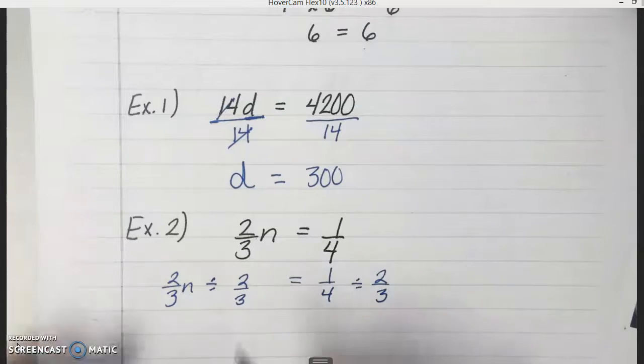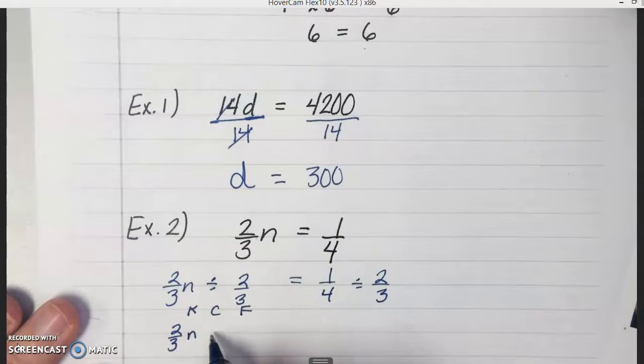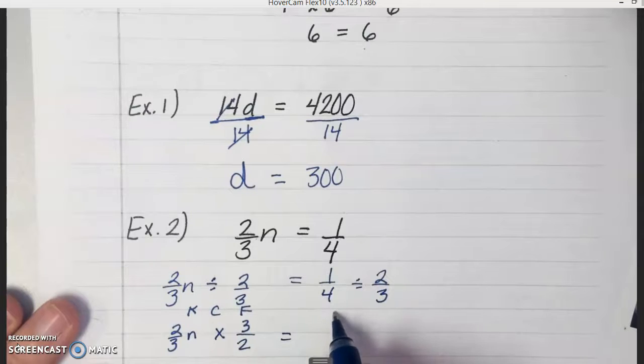Okay, so the first thing I do when I'm dividing fractions is keep it, change it, flip it. So we're going to keep 2/3 times n times 3/2. And then over here we're going to keep it, change it, flip it too. So 1/4 times 3/2.